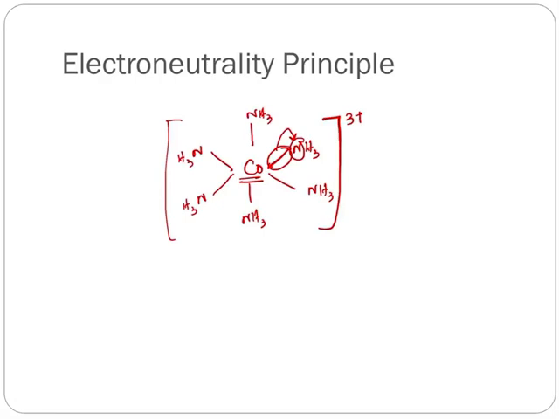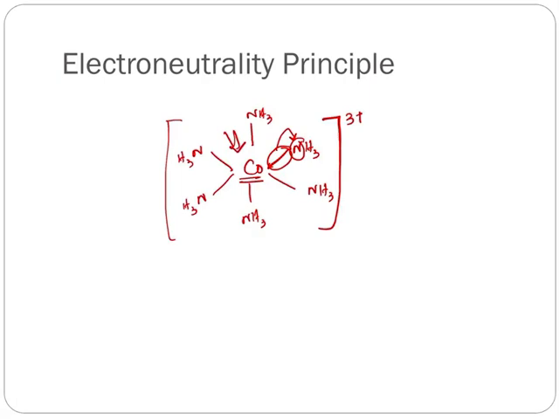In that way it reduces the accumulated charge on the cobalt. Cobalt is a metal, more electropositive than the main group element nitrogen, so nitrogen attracts its electrons towards itself after donating them to the central metal atom.